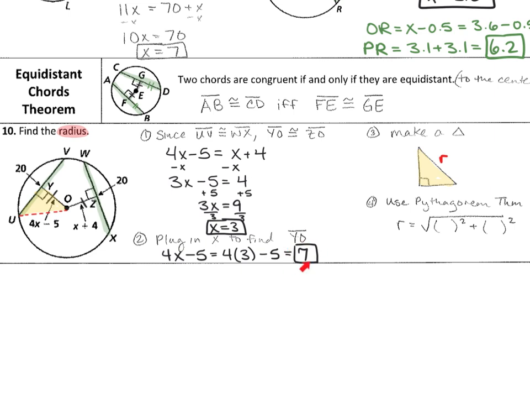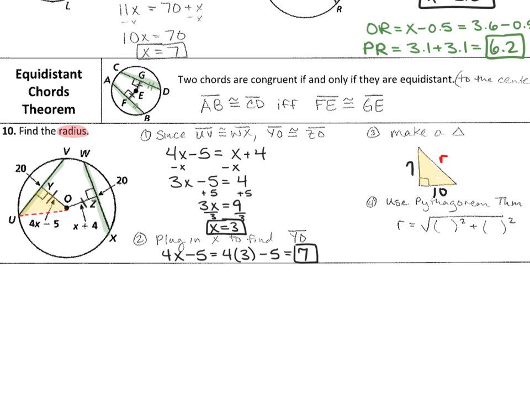What did we find out was one of the sides of this? What is this measurement right here? We just found it. 7. So on my side, I'm going to put a 7. I also need to know now this little bit right here. Okay, my question for you. If this whole thing is 20, how much is this bit? 10.